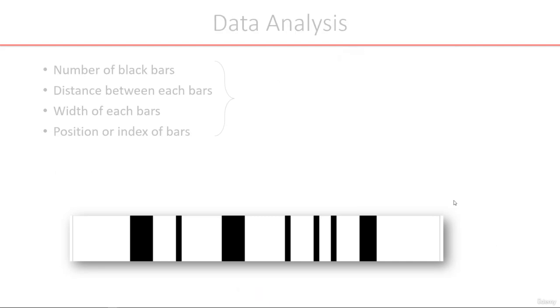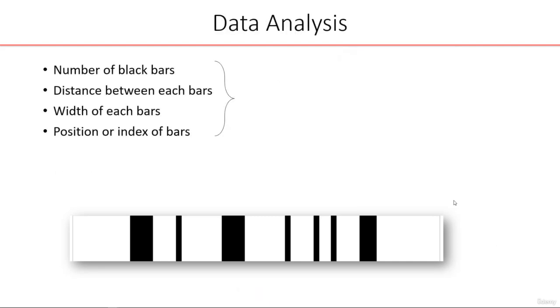Now in the data analysis, a simple analysis we can do is to see what the width of the black bars is and what the width of the white bars is. The position and index of the black bars will actually give a lot of information. This typically becomes the features, and using these features we can train any machine learning model.